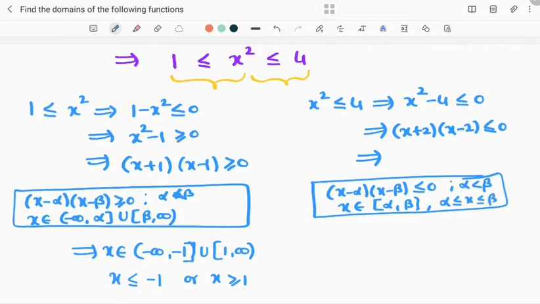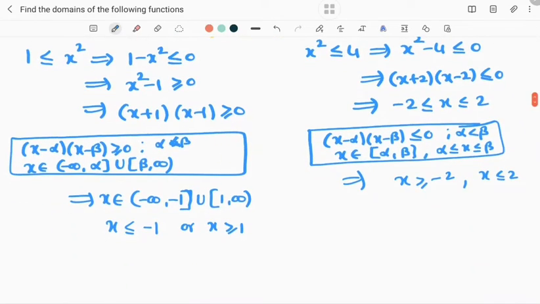Here alpha value is minus 2, beta value is 2. So minus 2 is less than or equal to x is less than or equal to 2. That means x is greater than or equal to minus 2, and x is less than or equal to 2.